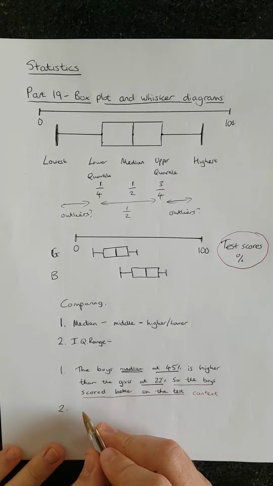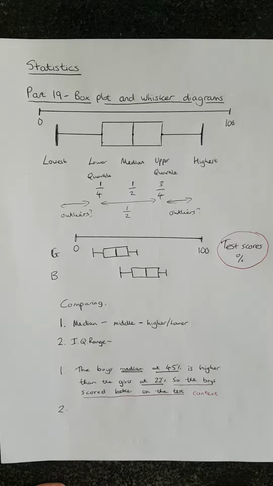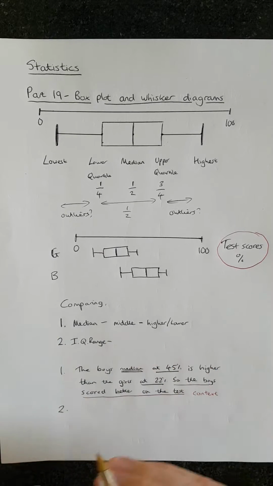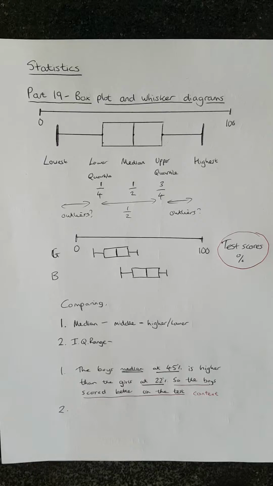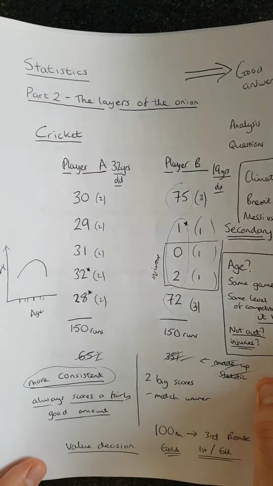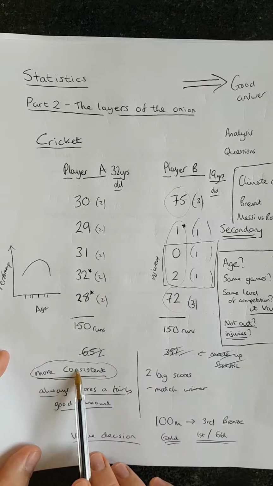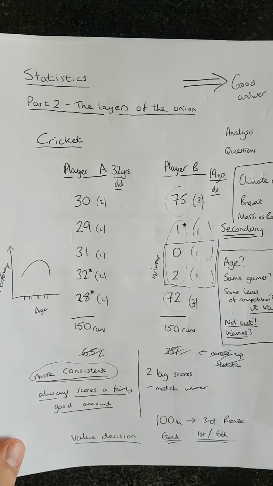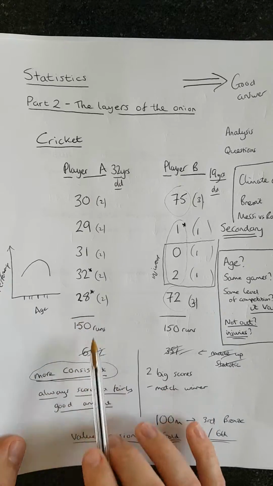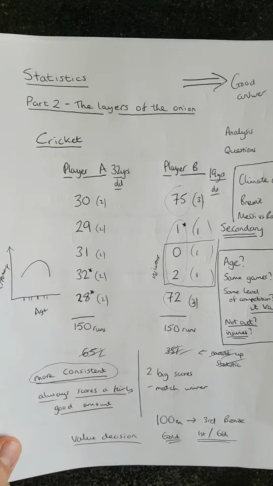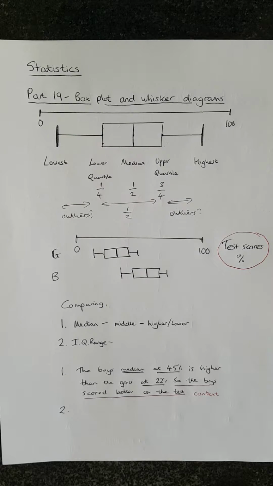Now, we've described who has scored higher and lower, but we also want to talk about something that we began a discussion on a long time ago. Back in part 2, we looked at two cricketers, one who was consistent and one who wasn't. Now, the interquartile range is a really good way of describing consistency.